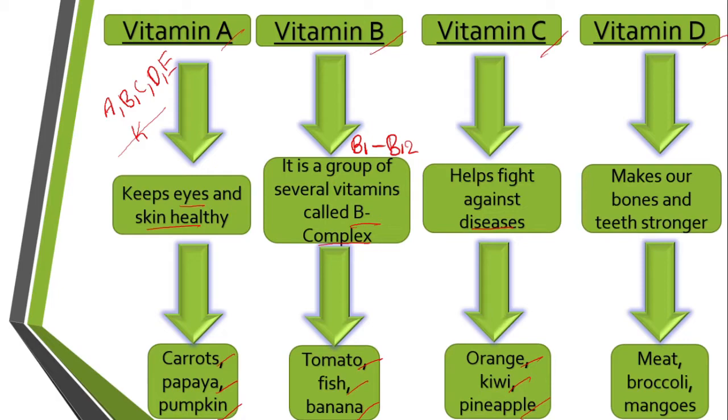Because the sun has a lot of vitamin D, and when we go out, the sunlight falls on our body, so then we get a lot of vitamin D. We can get vitamin D mainly from the sun, and also from meat, broccoli, mangoes, etc. So the main vitamins are vitamin A, vitamin B, vitamin C, vitamin D, vitamin E, and K.